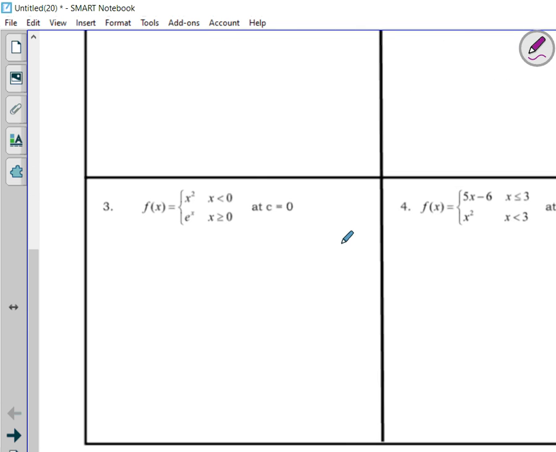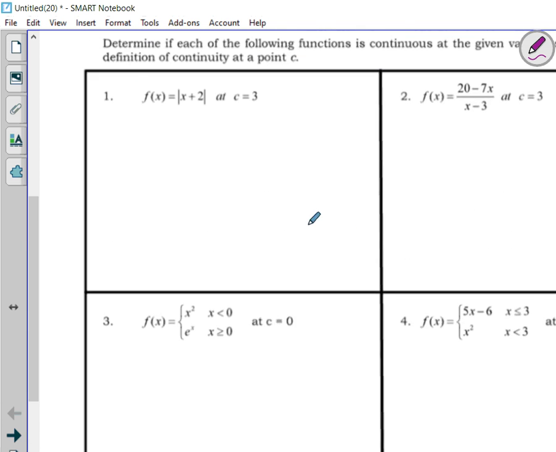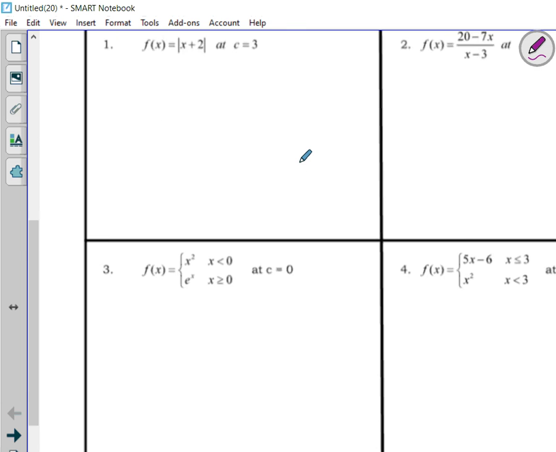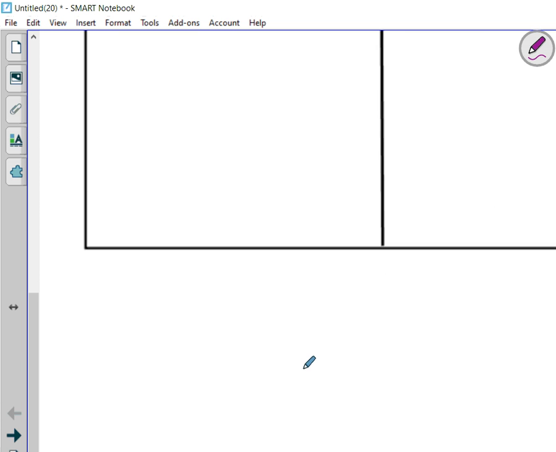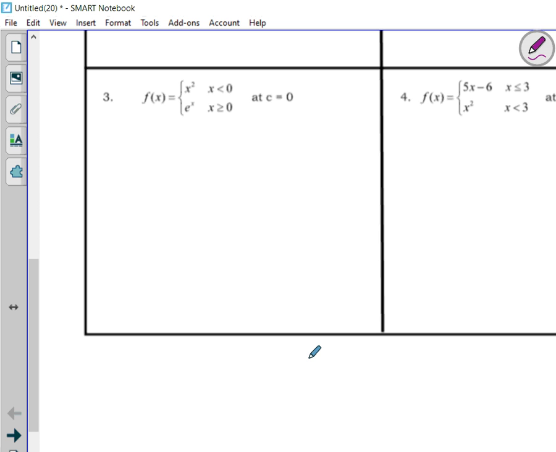Okay. So let me show you a good example. For example, problem 3, where I am going to prove and or disprove the continuity of this function at c equals 0.